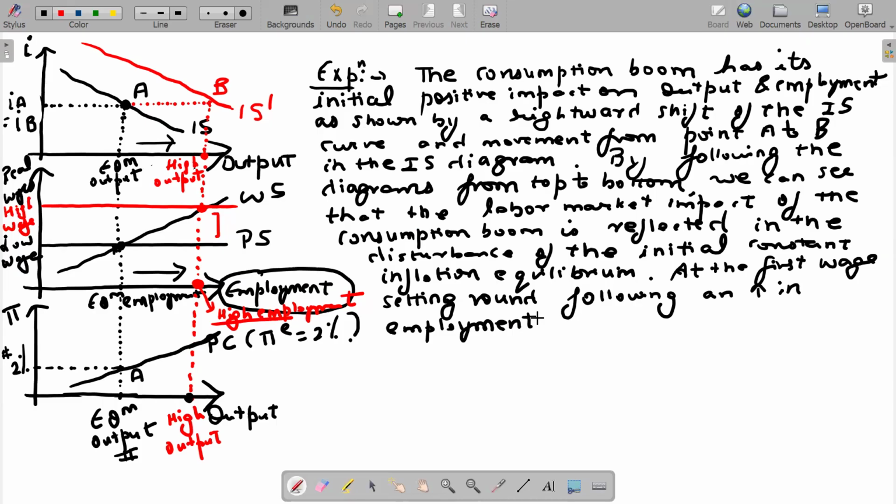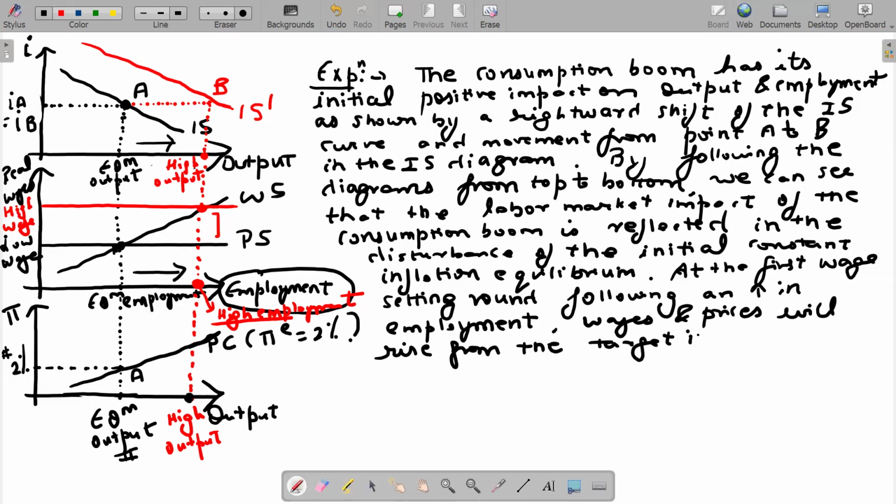Whether you write increase in employment or you write fall in unemployment, it's one and the same thing. At the first wage setting round, following an increase in employment, wages and prices will rise from the target inflation rate of 2%.